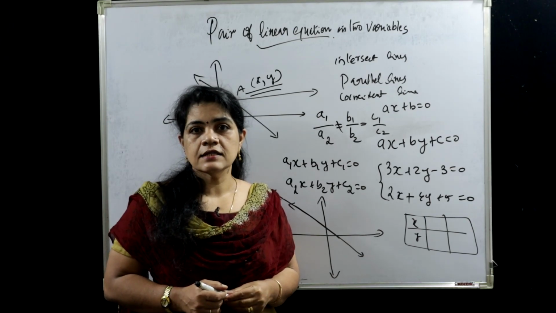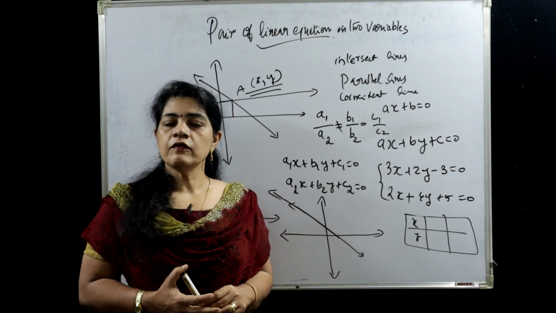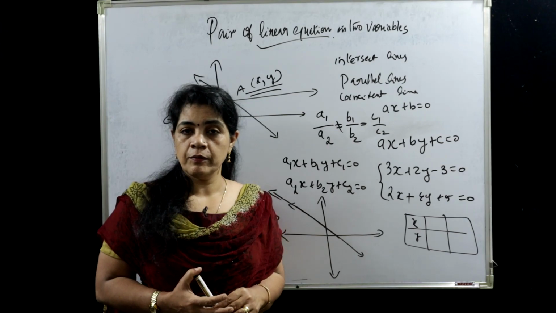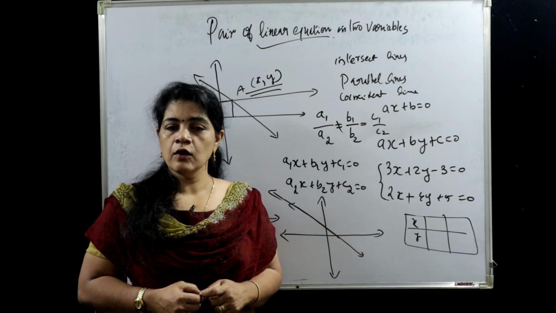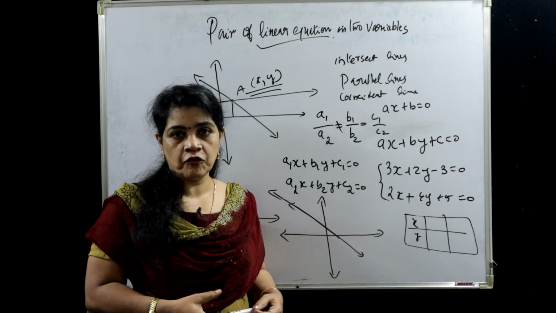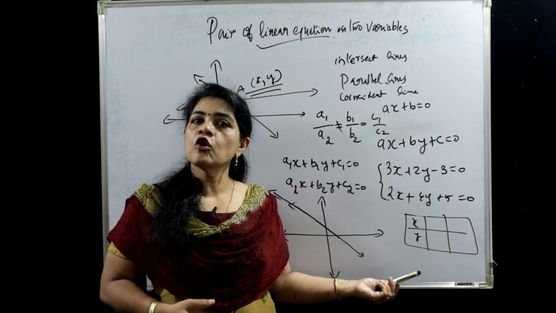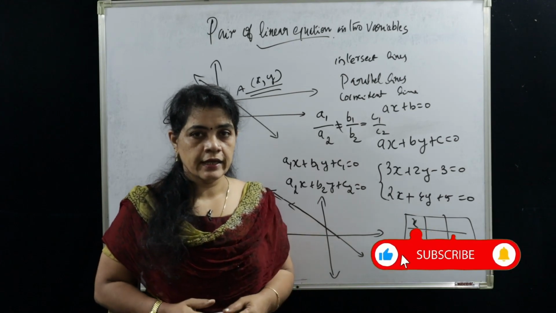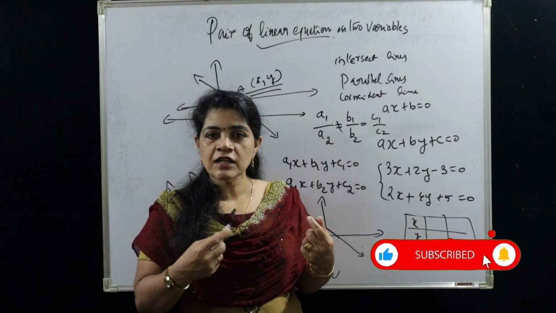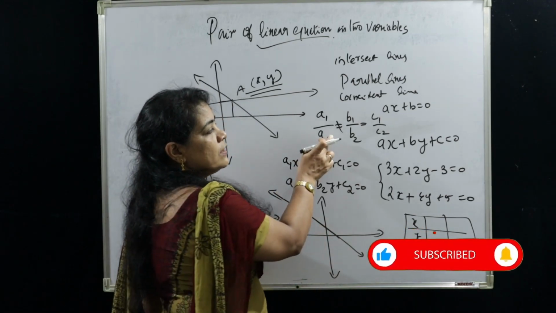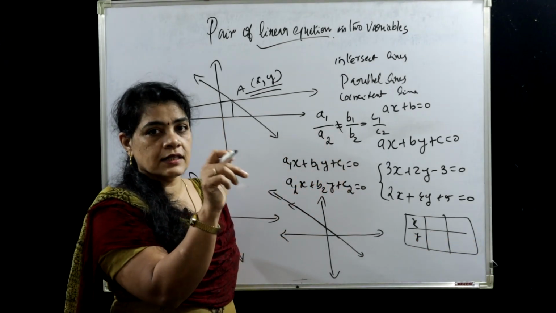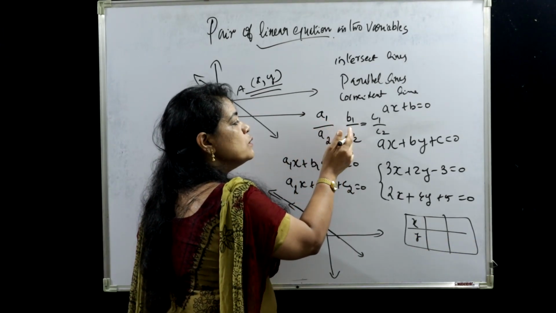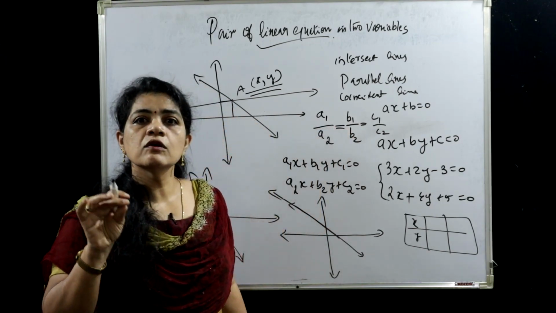So the next case is parallel lines. When can we say that the graph of the given pair will be parallel lines? I already told you that without plotting the graph, by comparing the coefficients, you can say how its graph will look. For intersecting lines, a1 by a2 is not equal to b1 by b2. In some cases you can see that a1 by a2 equals b1 by b2.